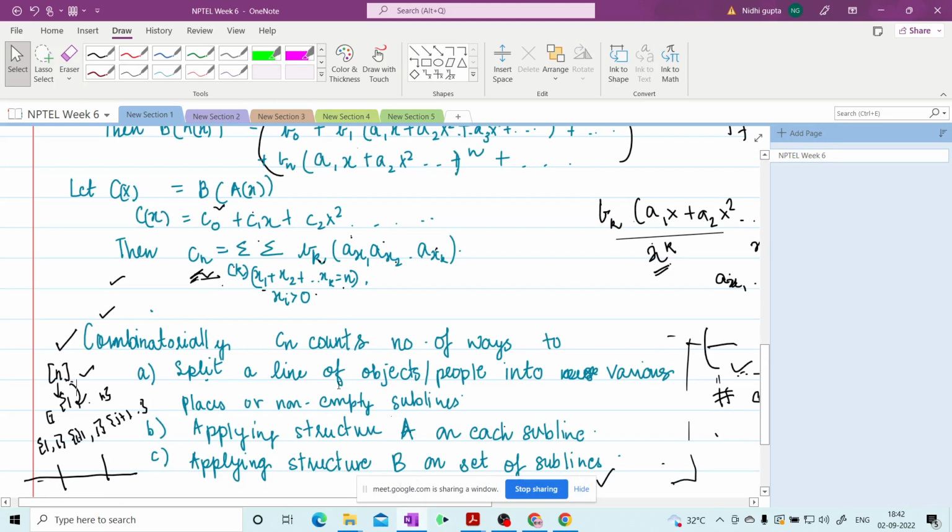Here, basically, we are splitting this line of objects at various places, then we are applying structures. So the a_n basically correspond to structure A, which we have to apply on each subline, whereas B is the function or the structures which we have to apply on the set of sublines.